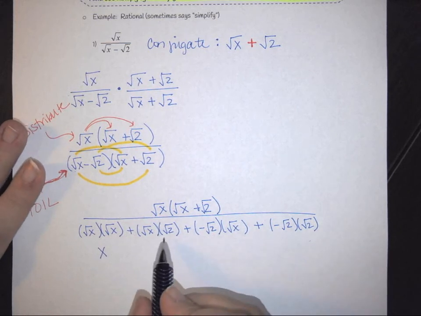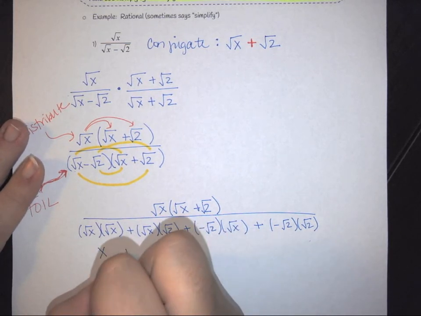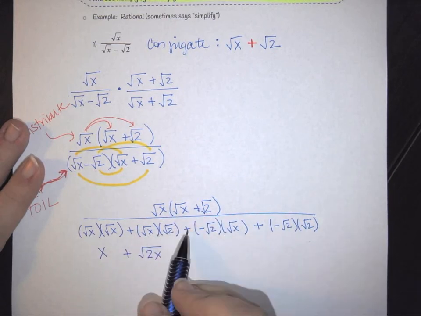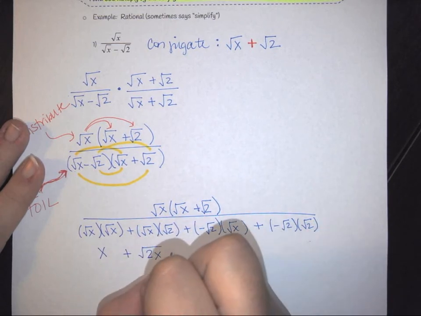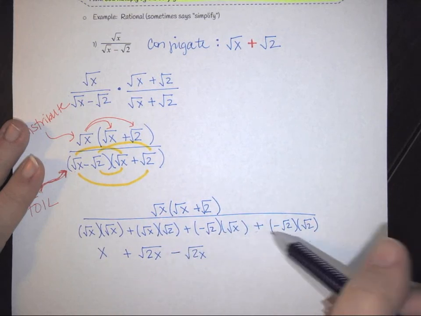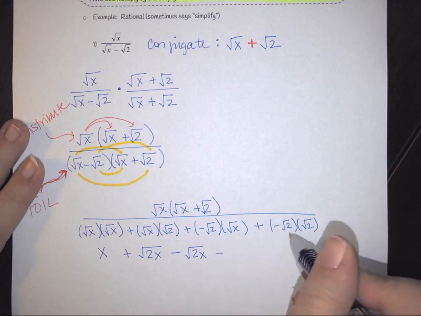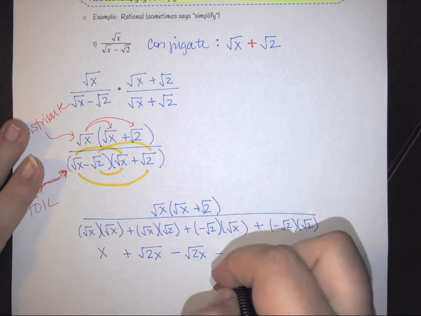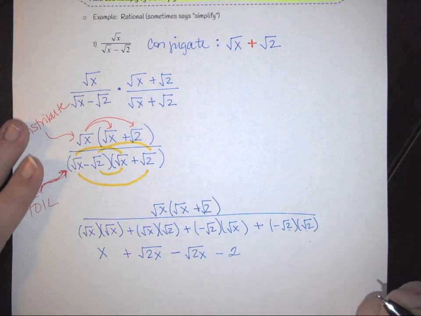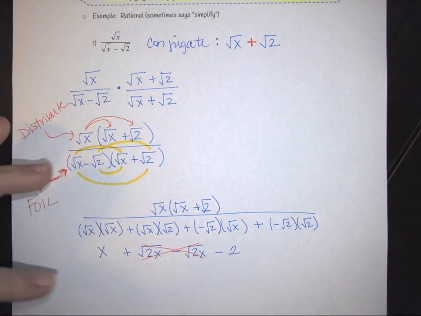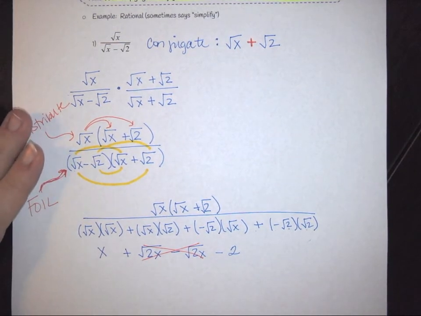I have plus the square root of 2x, and then I have plus a negative, so this becomes minus the square root of 2x. And then here, plus a negative again becomes minus, and then I have 2 times 2, which is 4. Take the square root of that, and you get 2. If you look, the term right here in the middle will totally disappear. And so what we're left with is simply x minus 2.